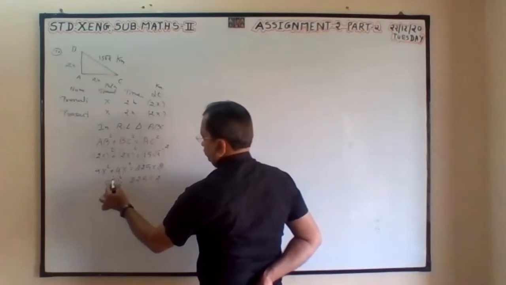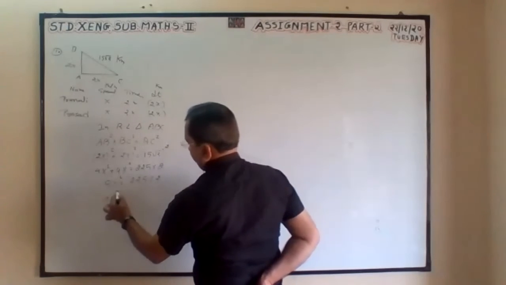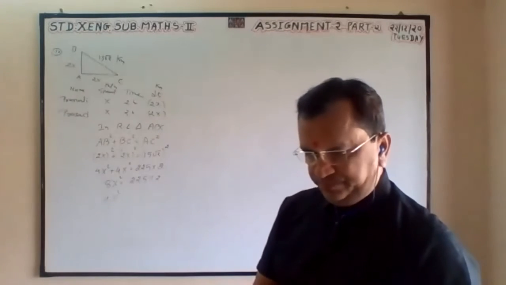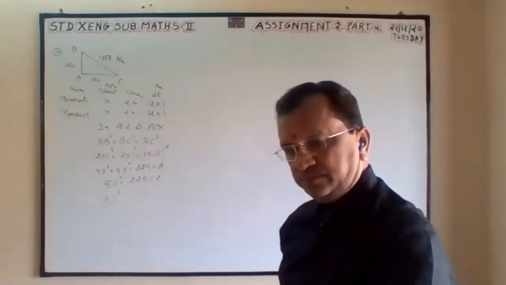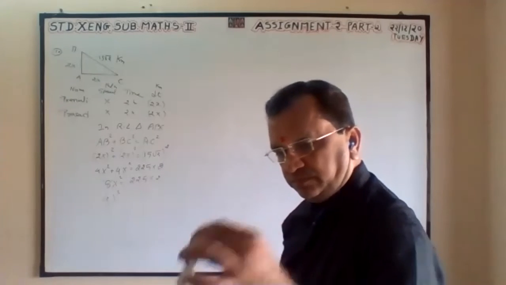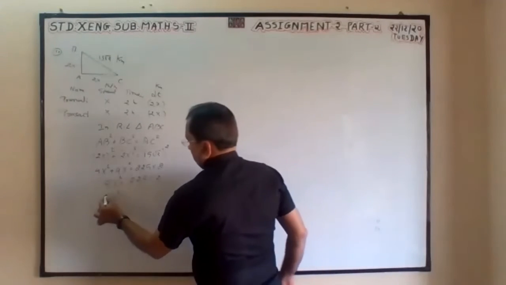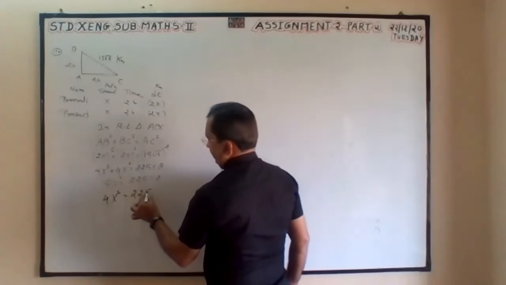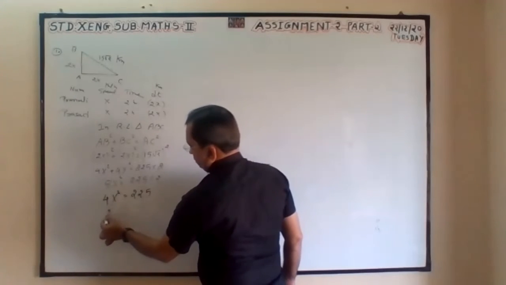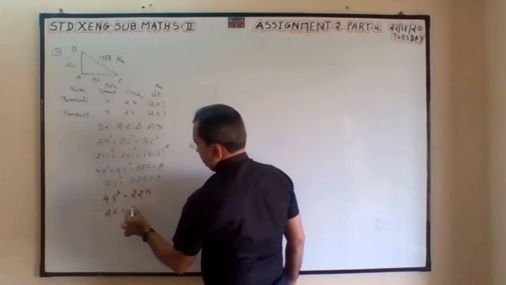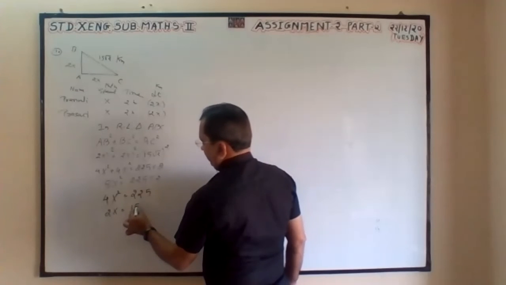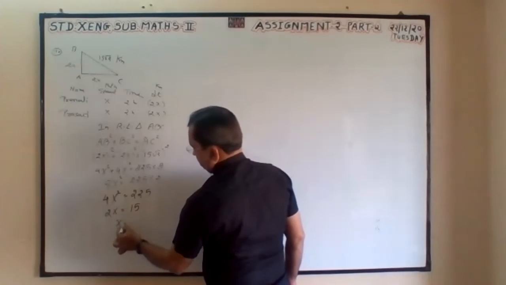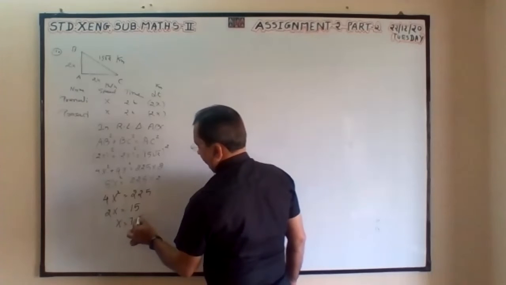So remove this 2, 4x square equals 225. Take square root of all. 2x is 15. So x is equal to 7.5.